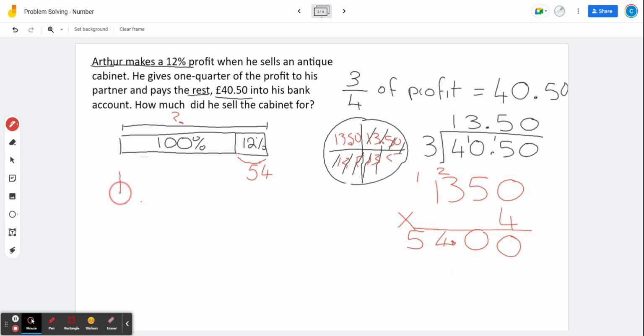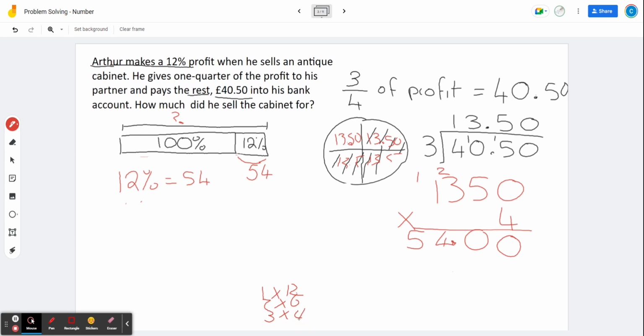If I know that 12% equals 54, I'm going to break that 12% down into a factor of 100, so that if I find out what that number is, I can multiply it to get me to my original 100%. Factors of 12 are 1 and 12, 2 and 6, 3 and 4.